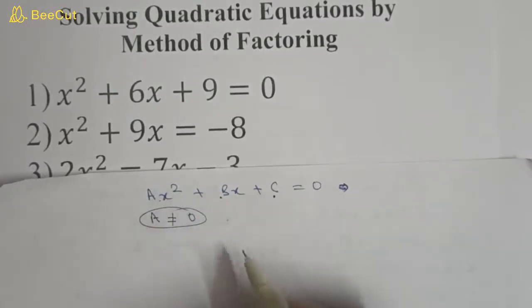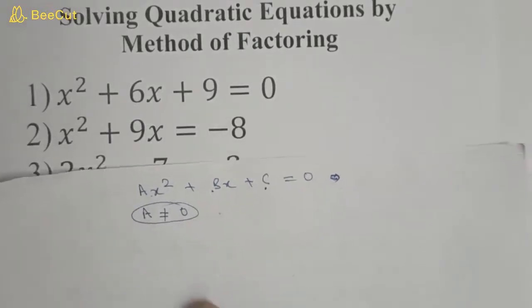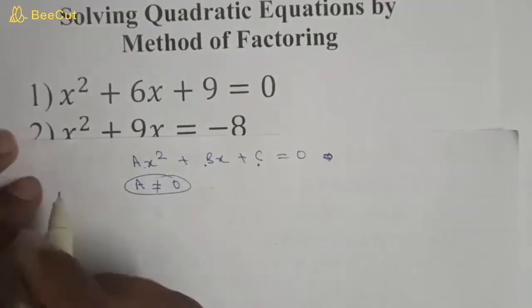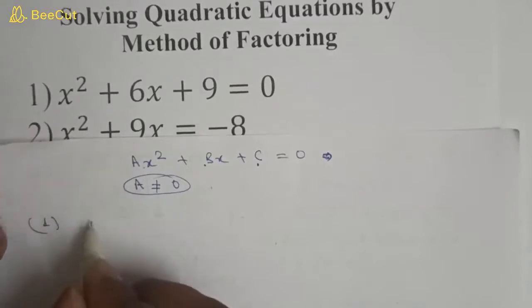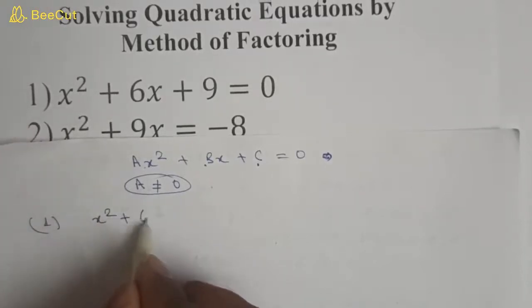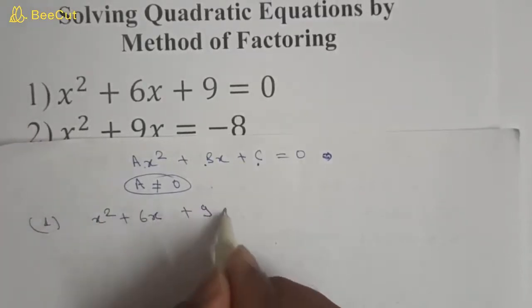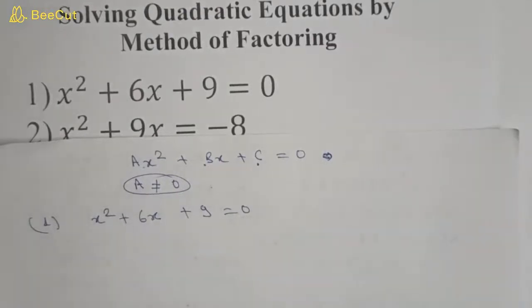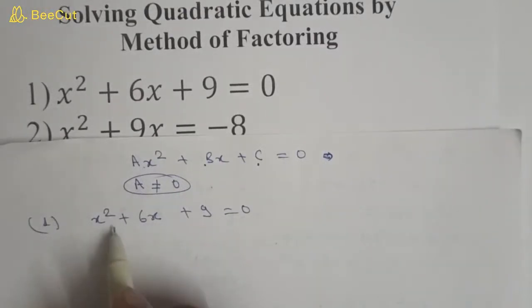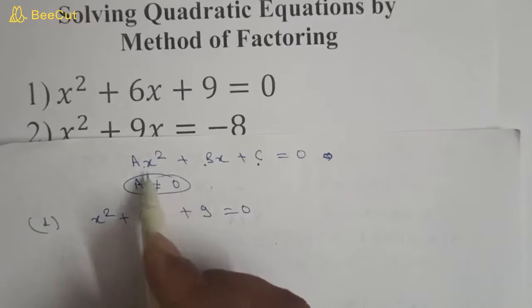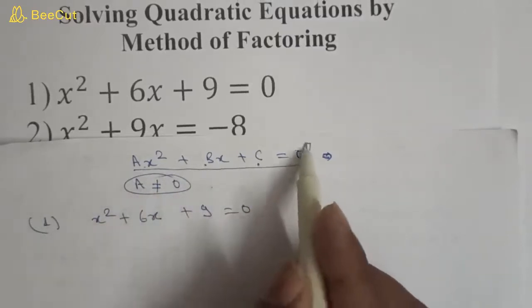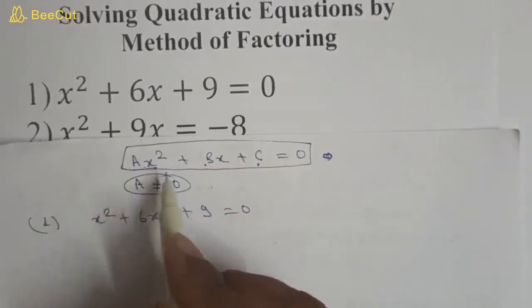Okay friends, so let's see the method of factoring. First let's solve the first equation: x² + 6x + 9 = 0. First of all we have to write this equation in standard form. This is the standard form of the quadratic equation, x² + bx + c = 0.